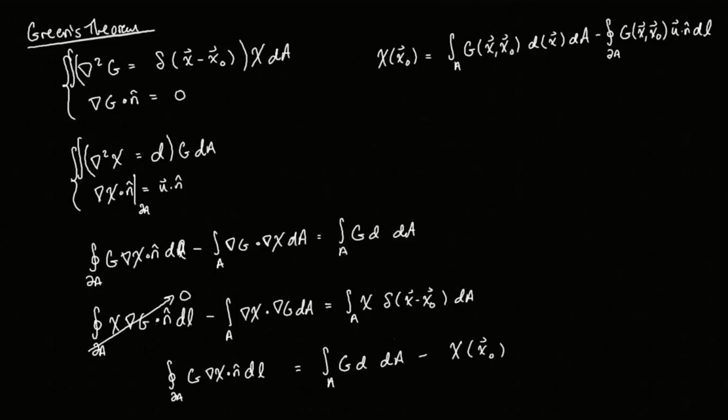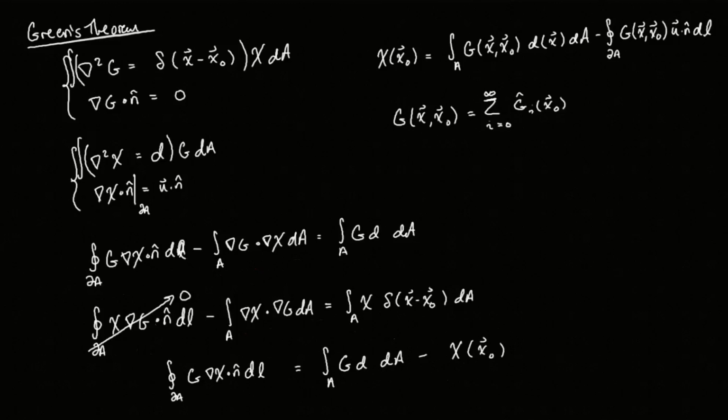Now we're going to do a clever trick. You ready for it? We're going to write g(x, x naught) as the sum over i, 0 to infinity, of g hat i, which is going to depend on x naught.